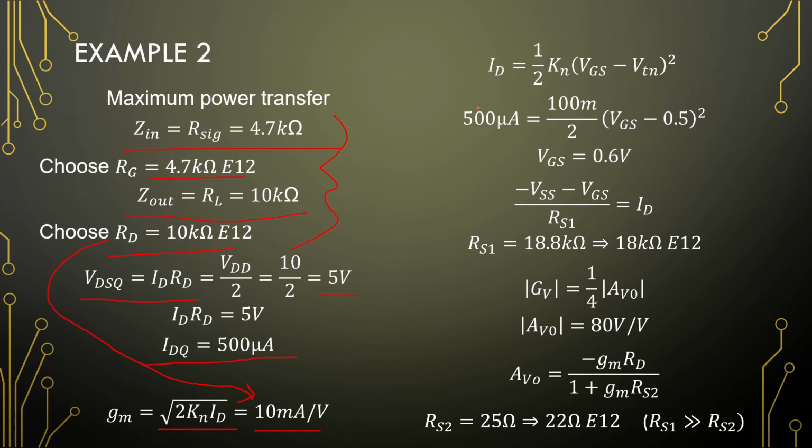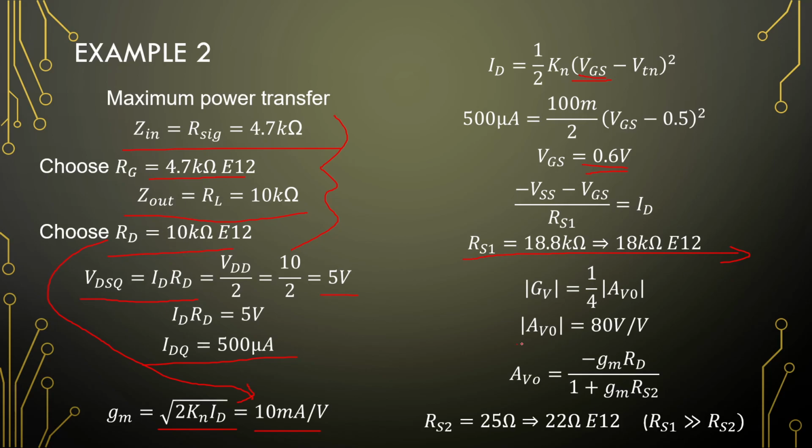Okay, so with our drain current calculated, we can find our gate source voltage. That is 0.6 volts. Calculating our source resistor for this bias is 18.8 kilo ohms, standard value 18 Ks.